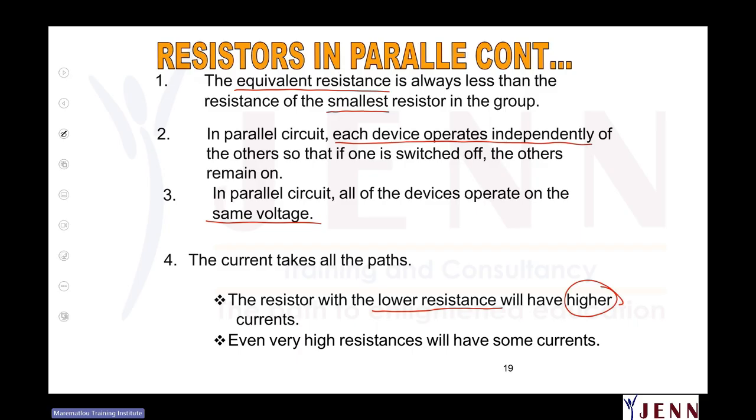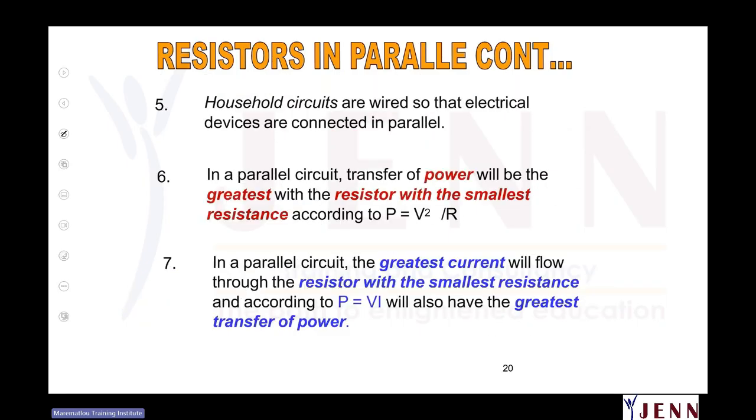Remember, we said current is inversely proportional to resistance. So that means if resistance is low, current will be high, and if resistance is high, then current will be low. That's the one thing you need to take note of. The current of the resistor with the lowest resistance will be the highest.